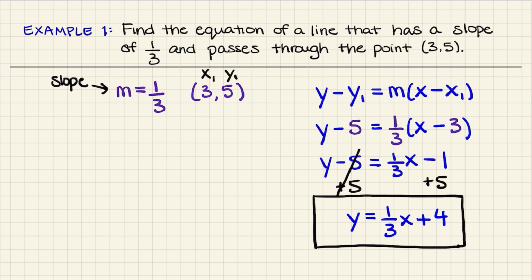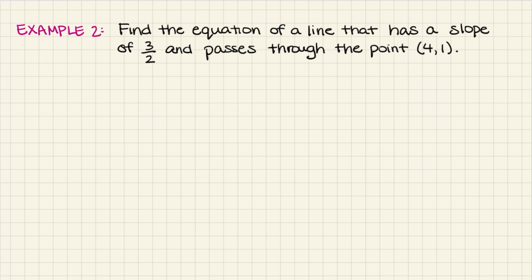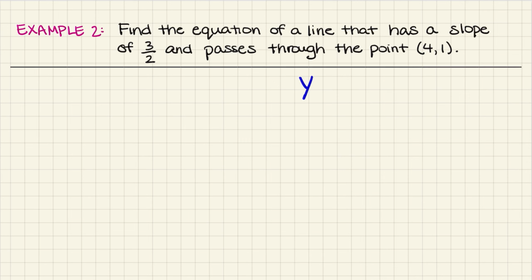Now let's try another example. Here again, we're finding the equation of a line, and we're given the slope and a point that it passes through. So the equation we're going to plug it into is y minus y1 equals m times x minus x1.